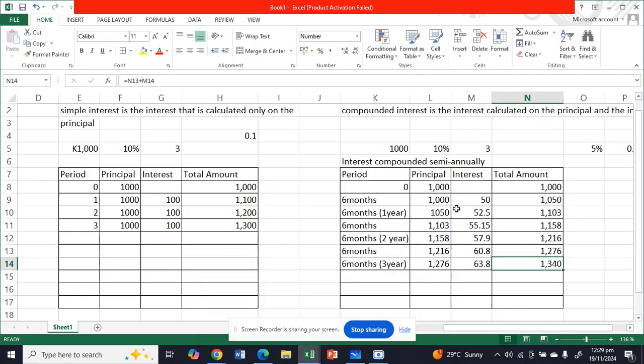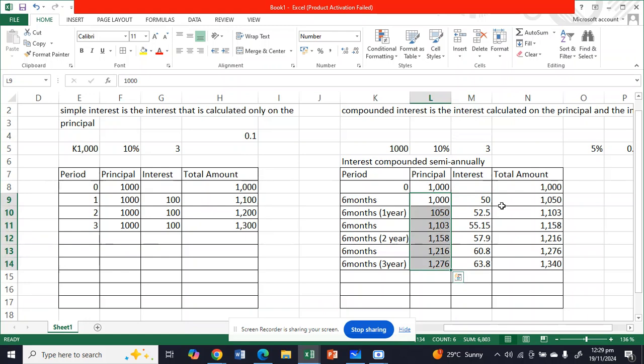So what I need you to notice here is, with simple interest, the interest is the same every year because it's just calculated on the principal. But with compound interest, the interest is calculated on the principal and the accumulating interest. As you can see here, the numbers change, which we had to calculate the interest from.